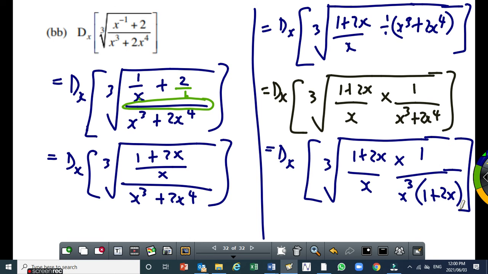Then you close the bracket. The objective of factorizing that is for us to create a factor that's equivalent to this, so that we have these two. And what's going to happen to them? They will cancel. Then it becomes simplified. So we end up having 1 times 1, which is 1. Then we have x times x cubed, that's x to the power of 4, which means I'm almost there.